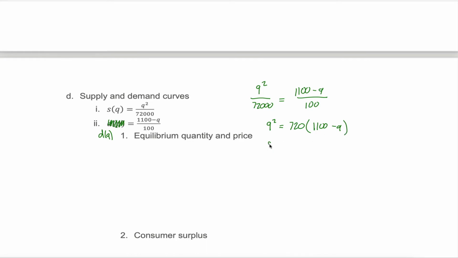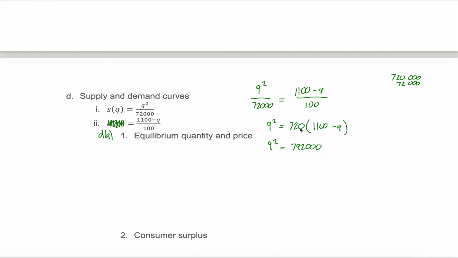Maybe I first get rid of the parentheses. I got Q squared equals 720 times 1,100. Well, let's see. 720 times 1,000 would be 720,000, and 720 times 100 would be 72,000, and if I add these two together, I get 792,000. Sorry about the big numbers.